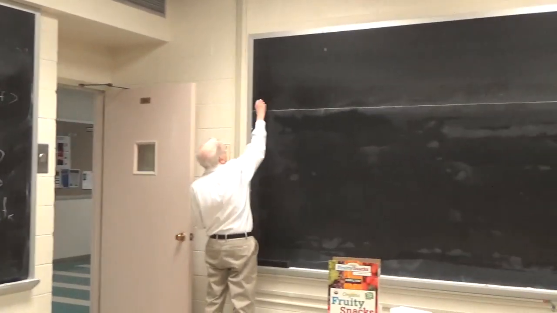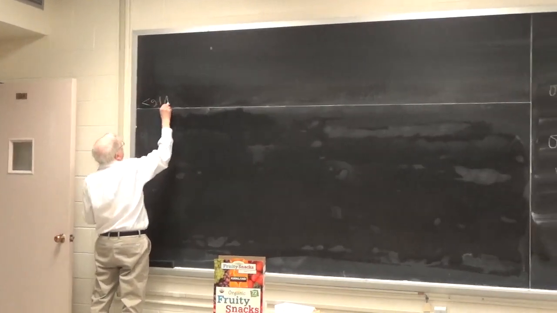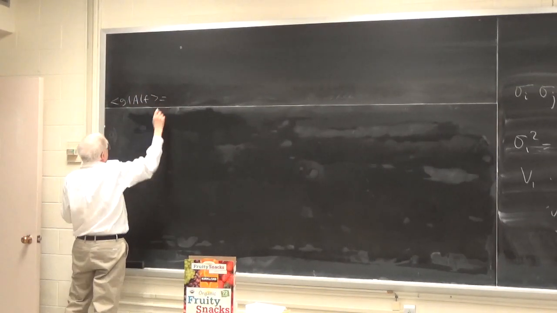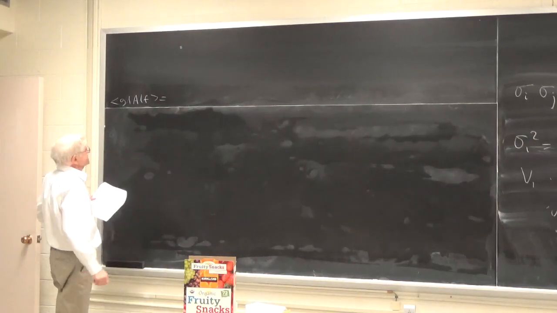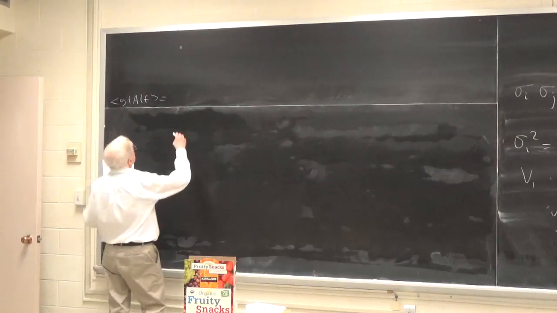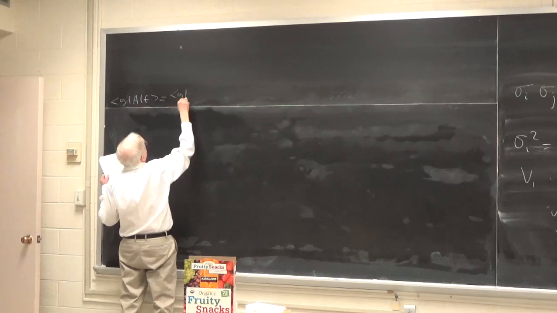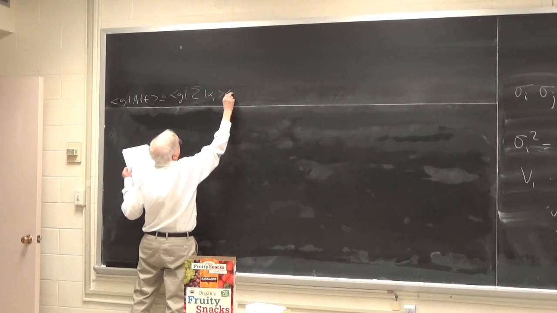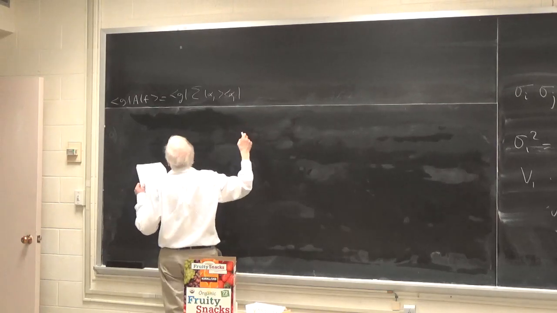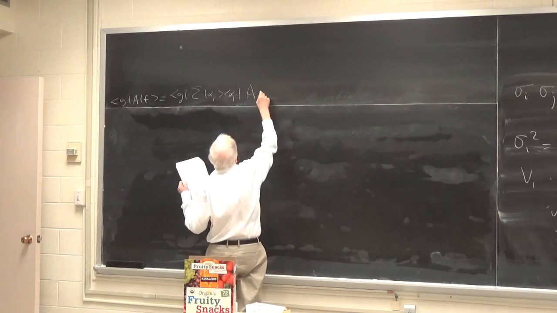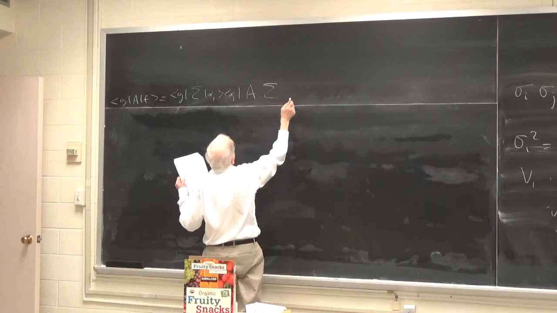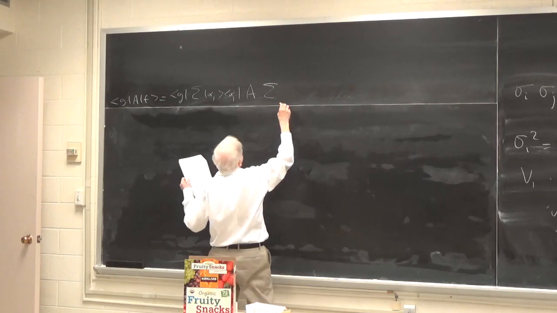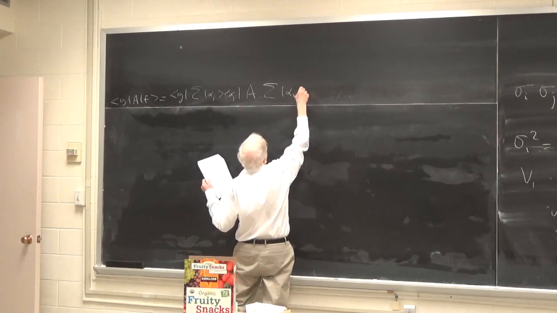In other words, we'd have G A F. I could insert as the identity operator a sum over alpha j, some different set, and then A, and then another sum, I said alpha k in this example.